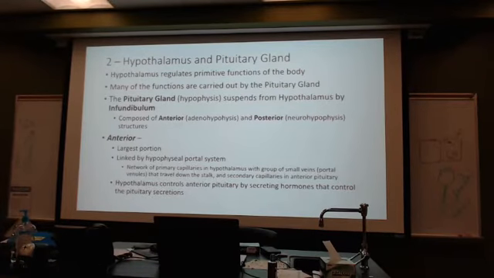Guess what is located in my anterior pituitary? Growth hormone. The cells that can produce it.